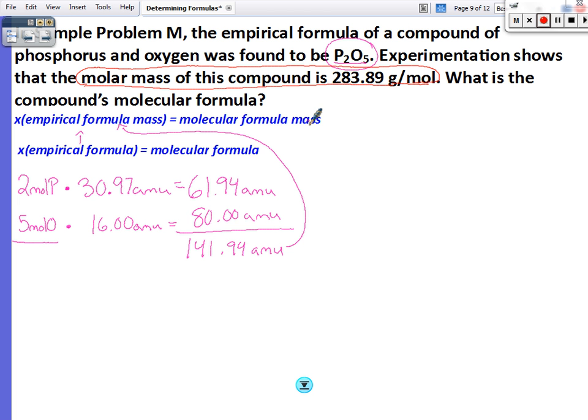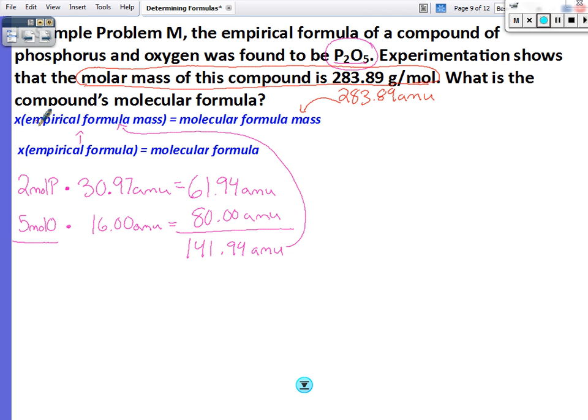Because when I know the molecular formula, if I do the exact same calculations as I did over here, then I'm going to get 283.89 grams per mole. So I can actually convert that number to 283.89 AMU, and I can plug in right here.